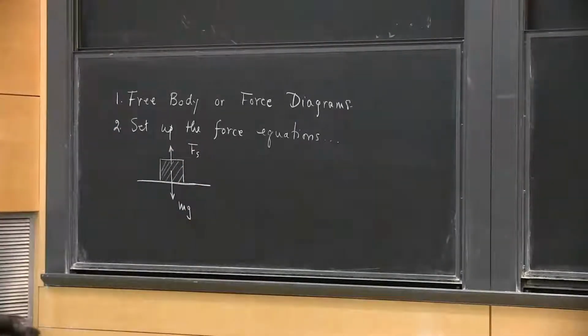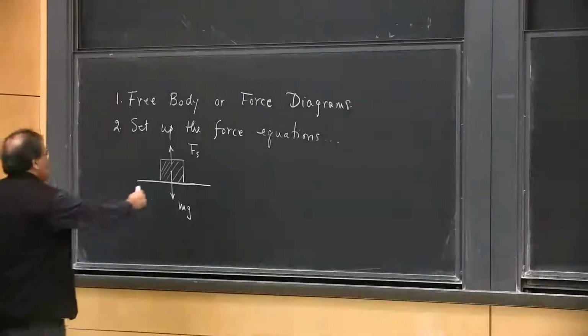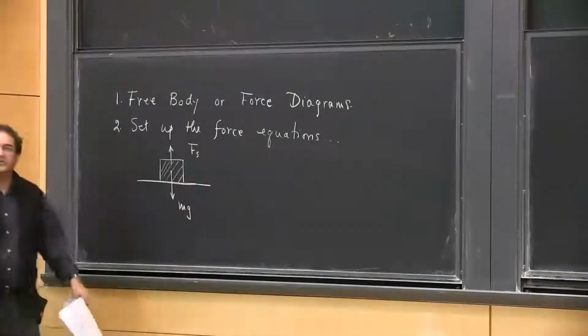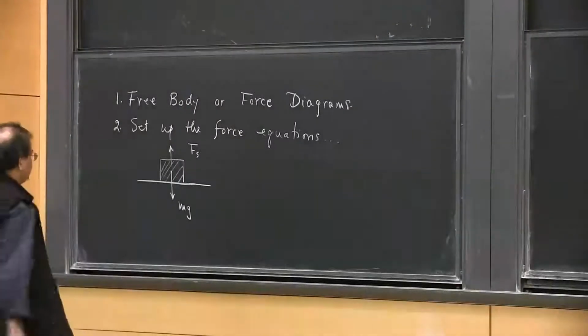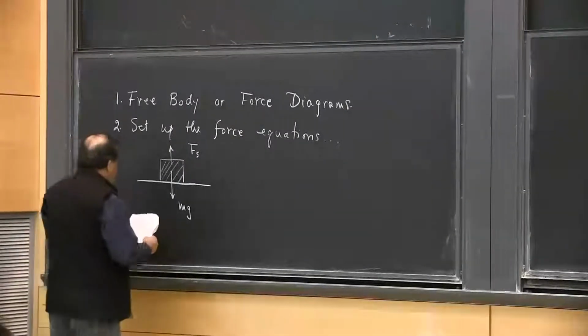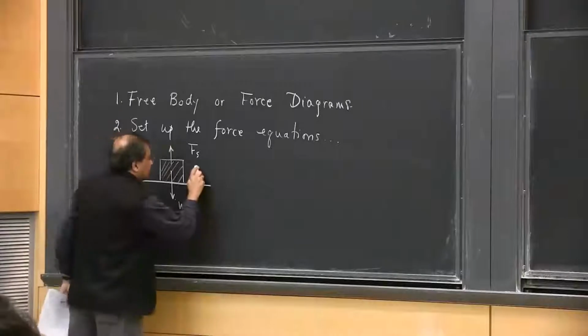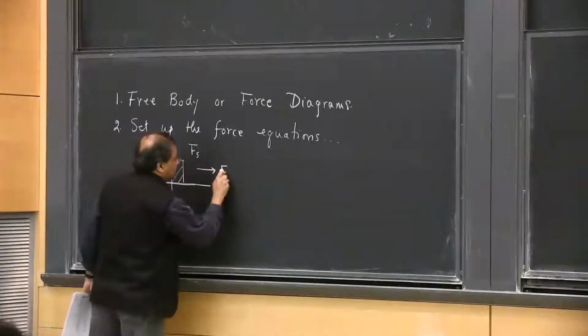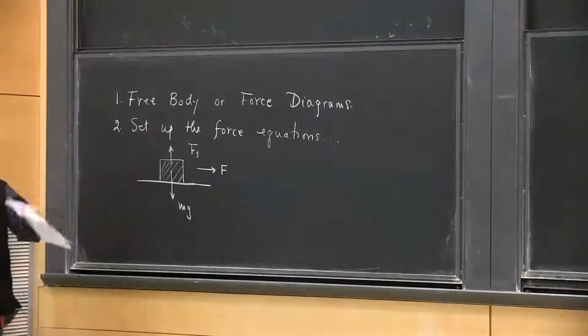Somebody was asking me, I think Johannes was asking me, what if I call it a normal force, because I'm used to calling it a normal force in my AP physics class. That's fine as well. But I prefer to call it a surface force, because specifically it's coming from the surface right now.